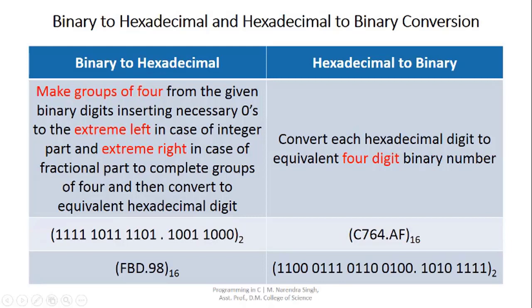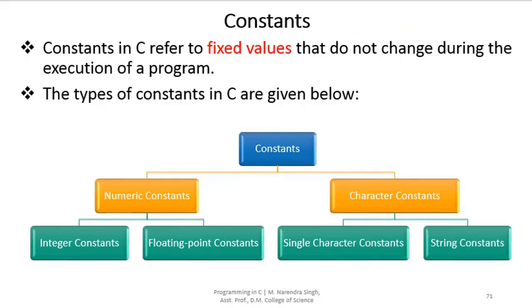Now that we have learned the 4 number systems and how to convert among them, let us go to constants in C. Constants in C refer to fixed values that do not change during the execution of a program. The types of constants in C are numeric constants and character constants. Again, numeric constants are of 2 types.